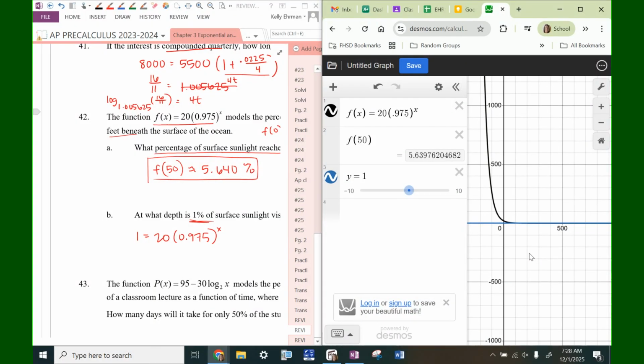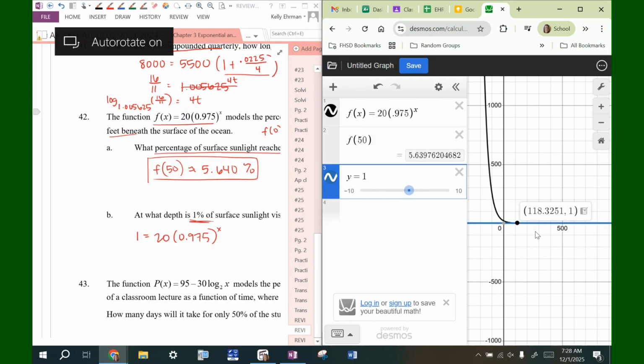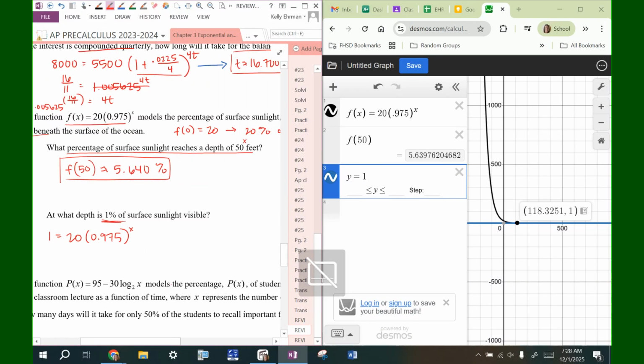So let's see. There's a little gray point here. It's not this one. That's just 0, 1. It's this one. So yeah, this is for x. Again, if I just go straight from graphing, I get x is about 118.325 feet is our depth.